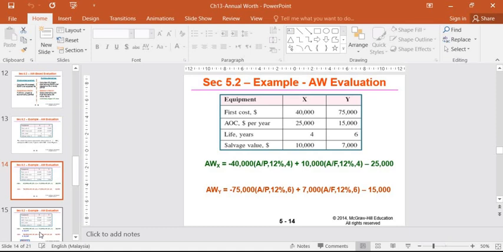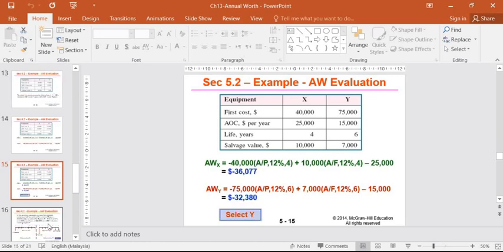From the values we get the annual worth of X and Y. We can see the annual value for Y is greater, or bigger, compared to X, that's why we have to select project Y. We have to select the higher or the greater value.